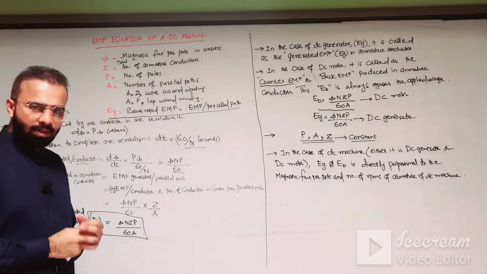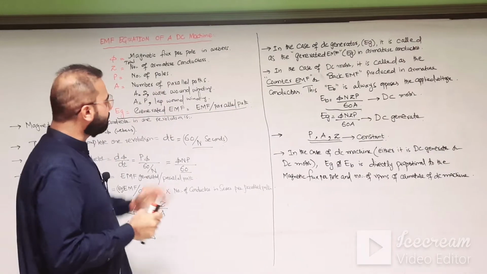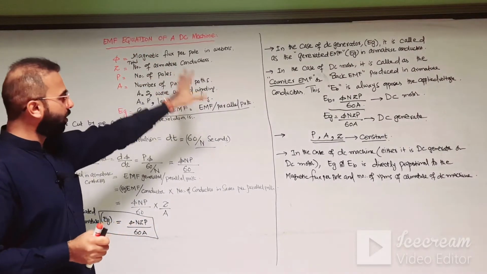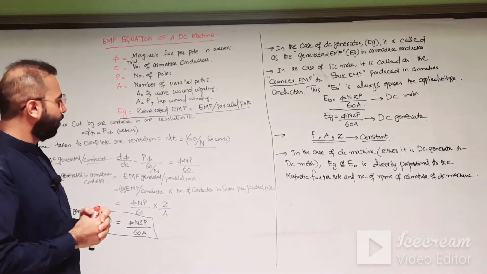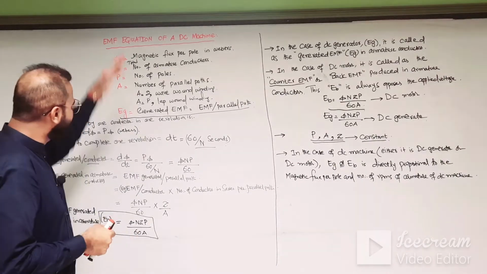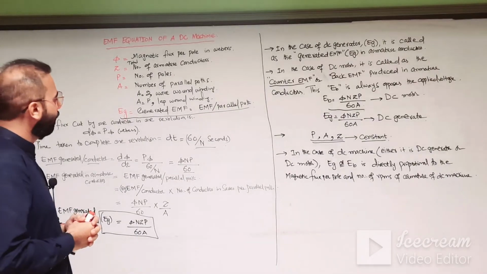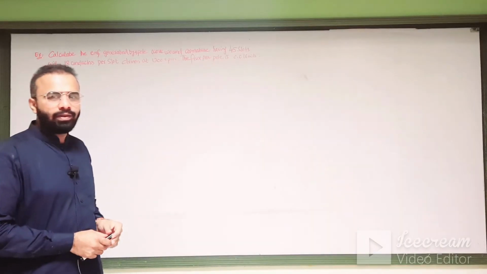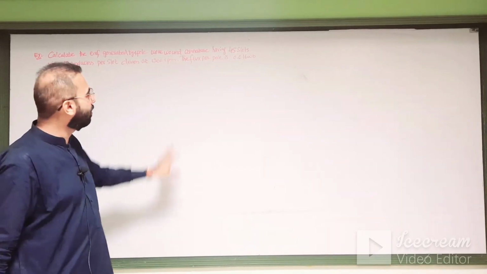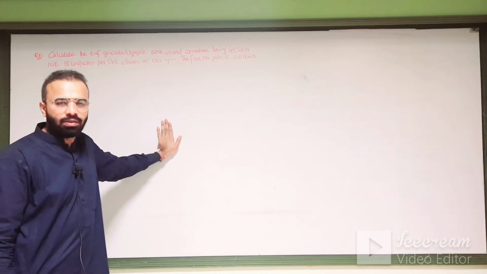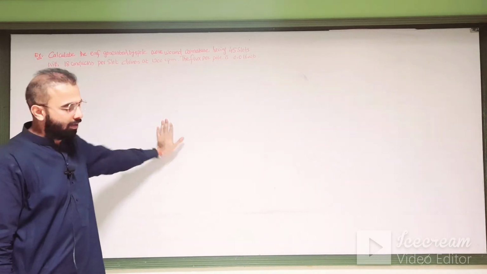So dear viewers, this was the EMF equation of the DC machine, which we have solved step by step on the board. Now let us solve the numerical related to the EMF equation of the DC generator.